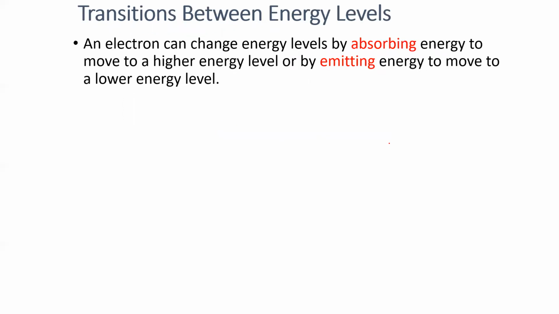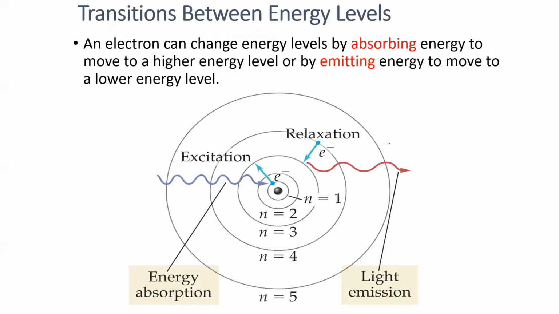So an electron can change energy level by absorbing energy to go to a higher state, or they can emit energy and move to a lower level. And we see that in this example. Now, the energy levels, you can think of the n as what's referred to, and we'll learn this with quantum numbers, the principal quantum number.